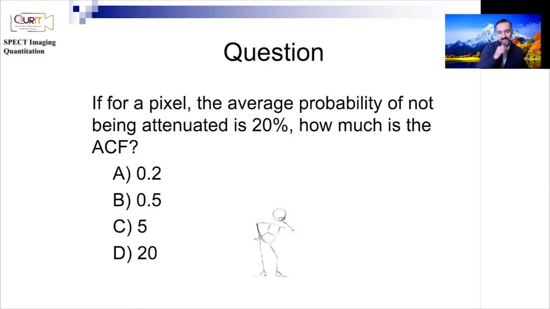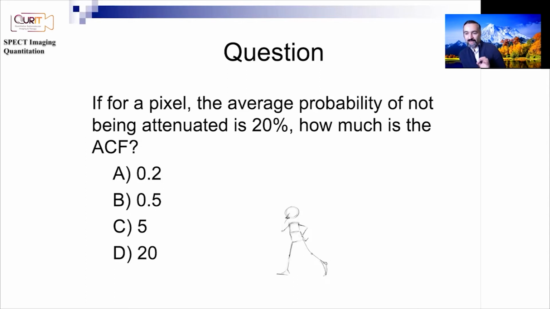If the average probability of you surviving all those projections from your pixel to all those directions is 20%, what number should we be multiplying the values in our reconstructed images by to get the correct number?